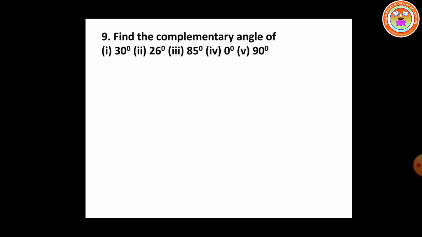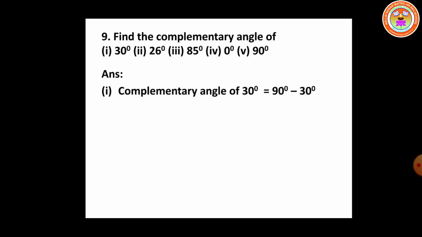Find the complementary angle of 30 degree, 26 degree, 85 degree, 0 degree and 90 degree. When we say two angles are complementary angles, sum will be 90 degree. So, one angle is given, how do we find the other complementary angle? By subtracting from 90 degree. Let us see the answer one by one. First one, complementary angle of 30 degree is equal to 90 degree minus 30 degree gives 60 degree.